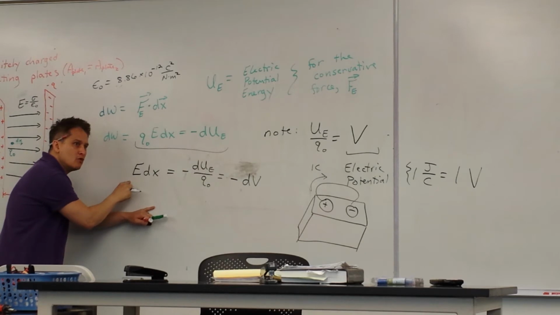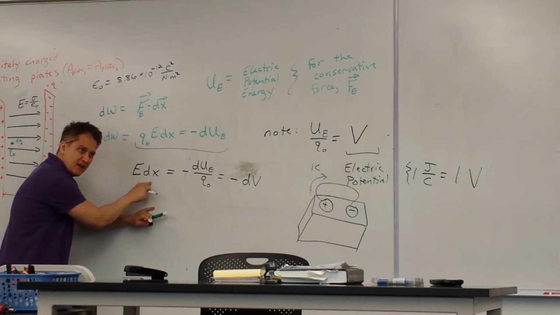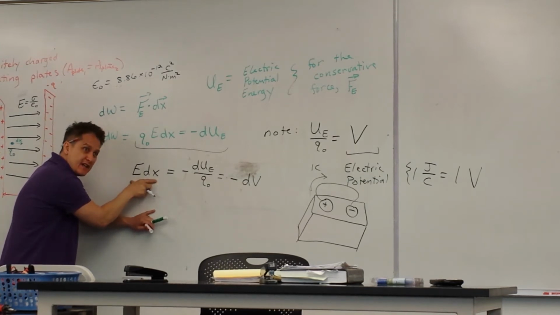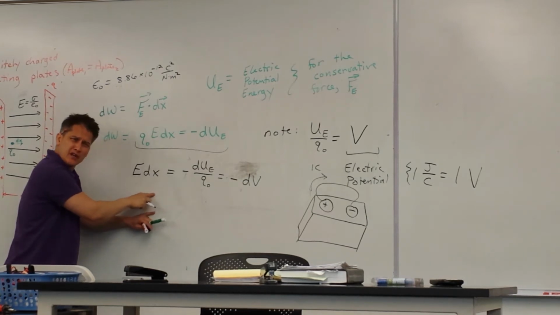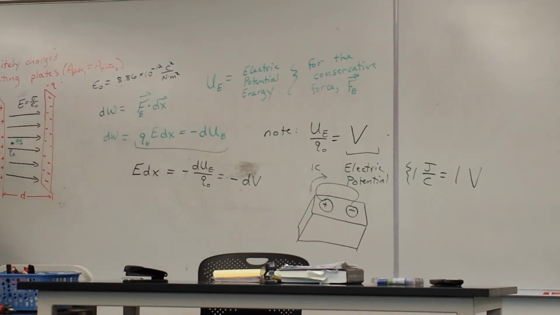So a forward movement would correspond to a negative potential difference change. Or a forward positive E dx would correspond to a drop in voltage, positive to negative. Oh, that's what current does. It flows from positive to negative. See how these things start interrelating.